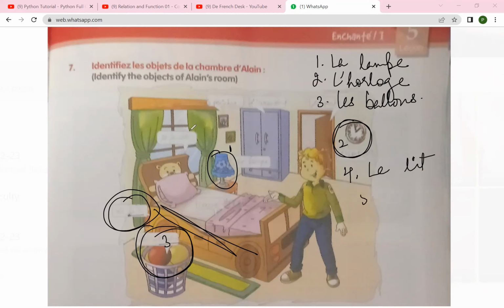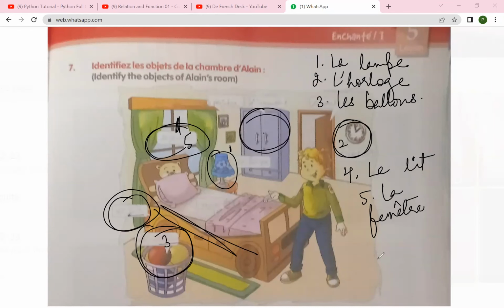Fifth here is this. That is the window. So what do you call the window in French? It is fenêtre. So la fenêtre. Next is this. So this is an almirah. So sixth is l'armoire. And this one is the seventh.